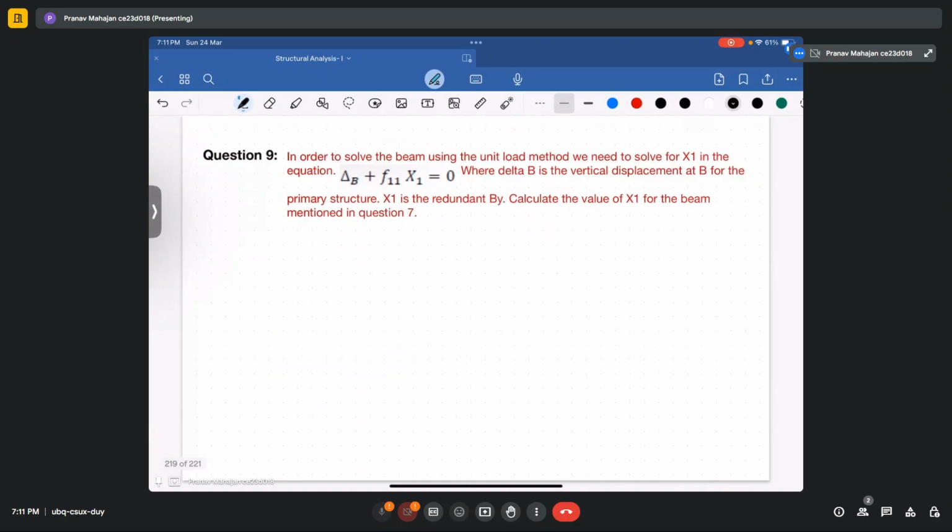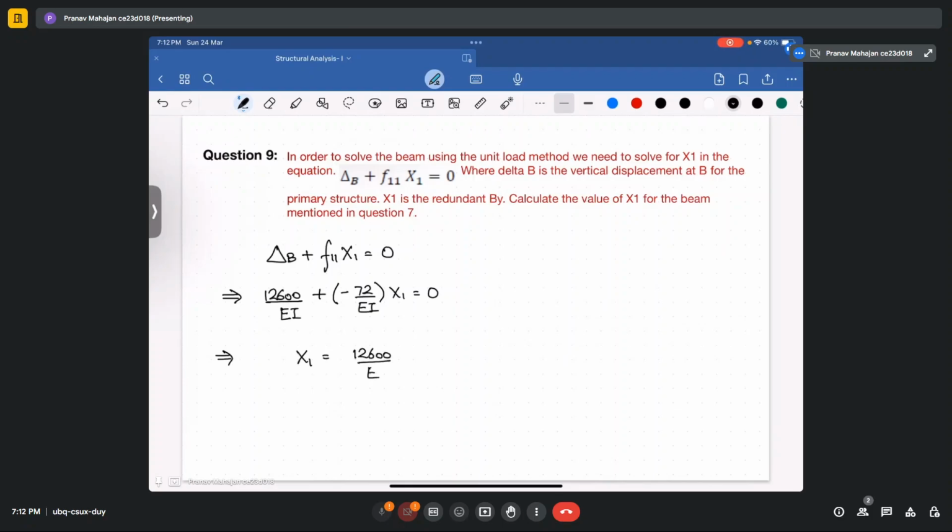Now we will apply the consistency equation, that is delta B plus F11 into H1 is equal to 0. Delta B we have calculated is positive 12,600 upon EI plus F11, that is minus 72 upon EI, into H1 equal to 0.